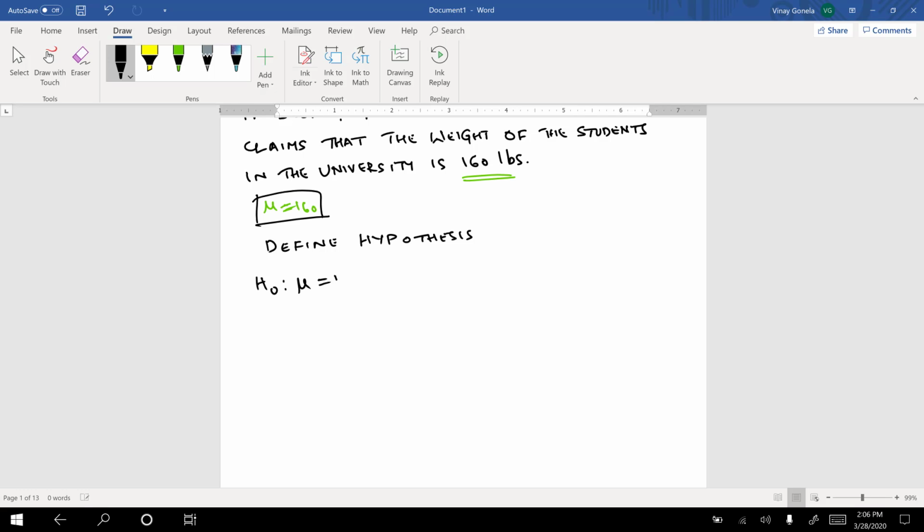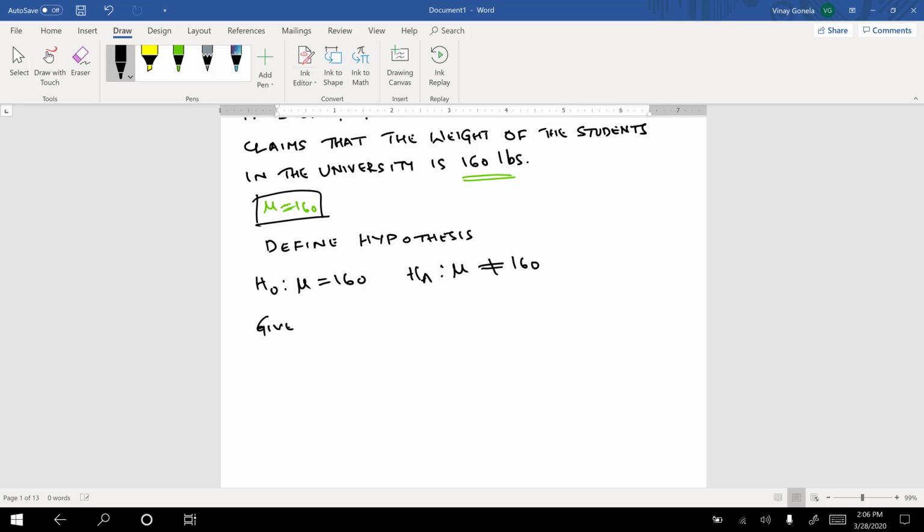So the null is mu is equal to 160, and your alternate would be mu not equal to 160. Once you have a hypothesis, you will collect the data. You will go to the university and collect a sample and see whether that sample justifies the president's claim.